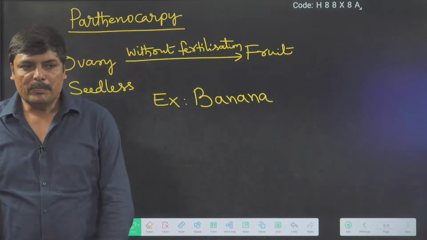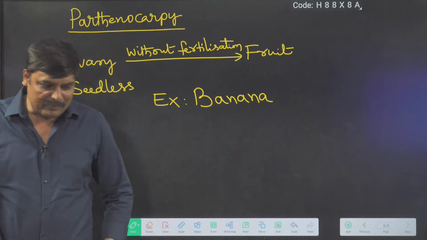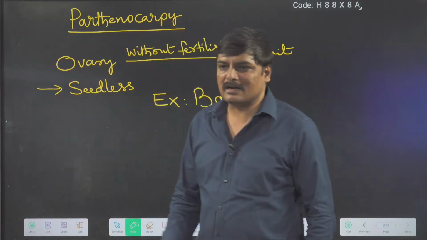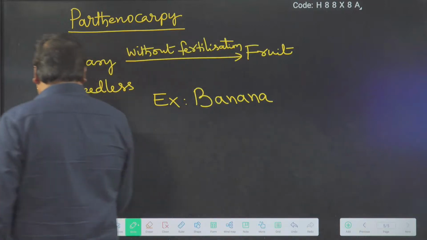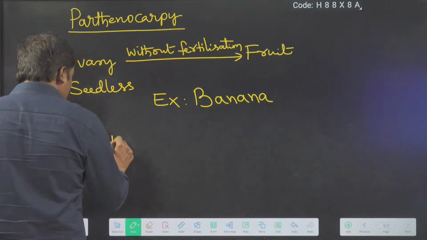Nowadays, parthenocarpy is induced in several fruits like grapes, watermelon, etc. by using plant hormones.